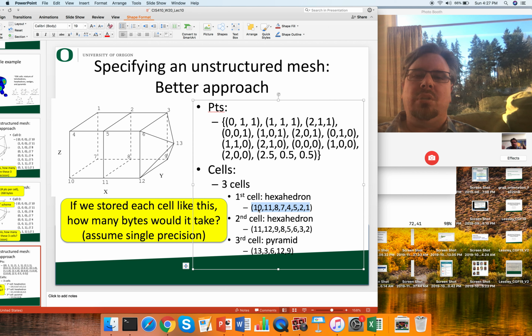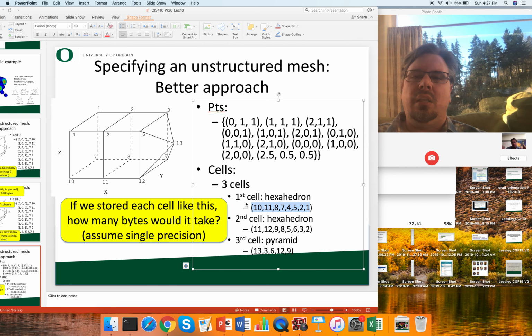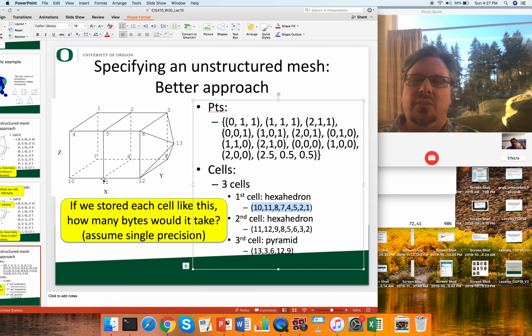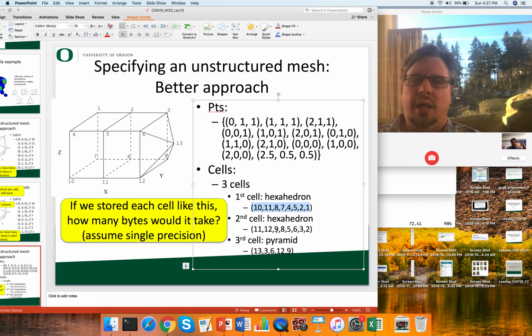And then I would take that information and go to this list and find points 10, 11, 8, 7, 4, 5, 2, 1. And so the savings here is that if you have vertices that are shared between the 2 cells, we only have to store those vertices once, and then we can access them multiple times.